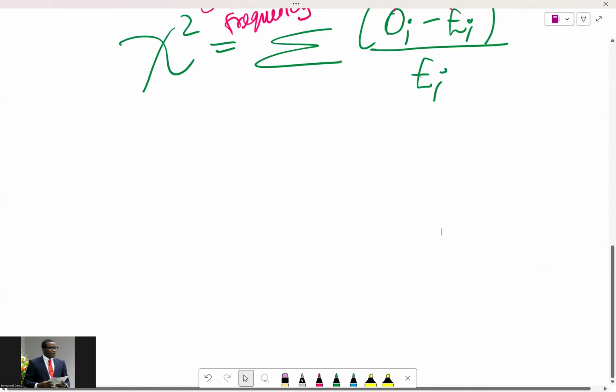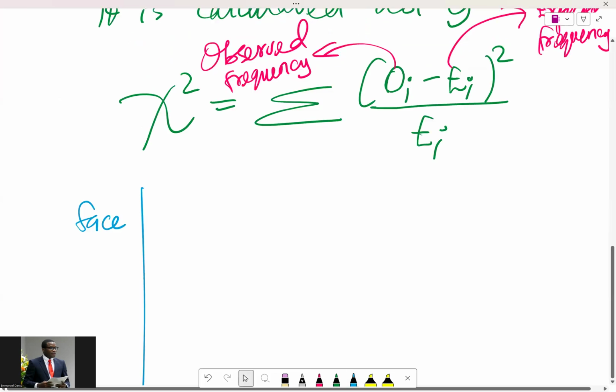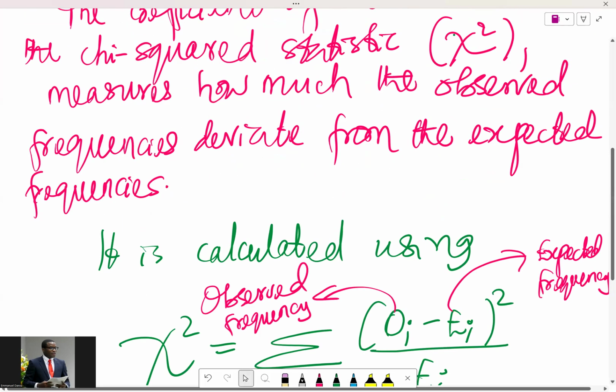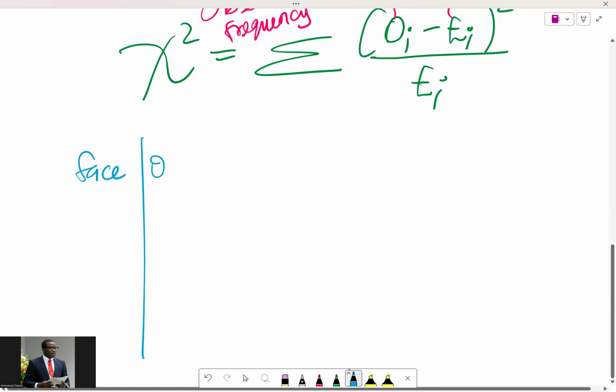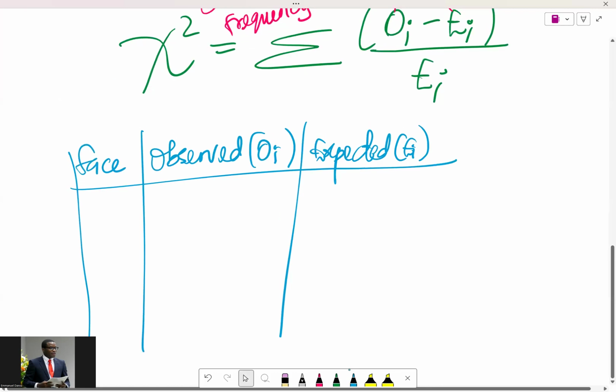First we have the face, second the observed, O sub I, and then we have the expected, which you can call E sub I. So we have six faces, 1, 2, 3, 4, 5, and 6.